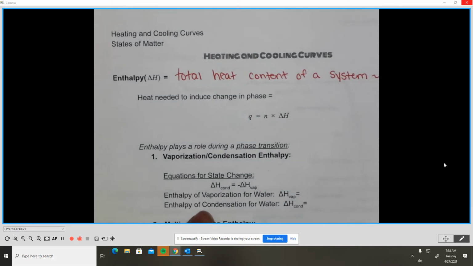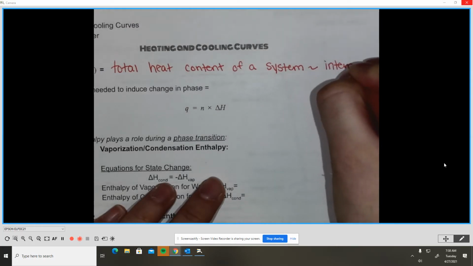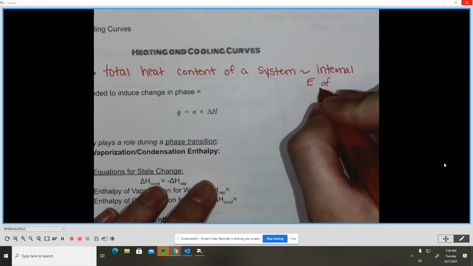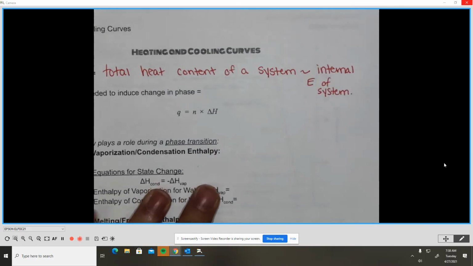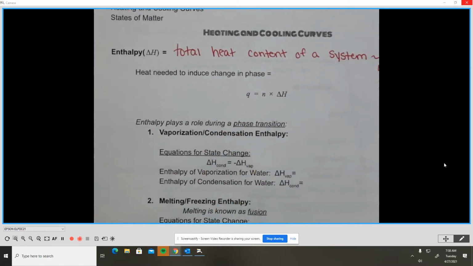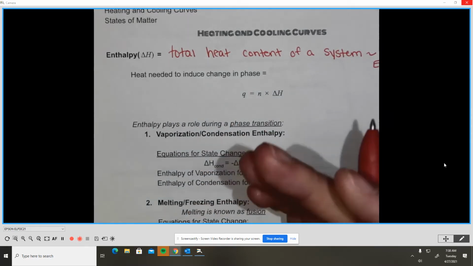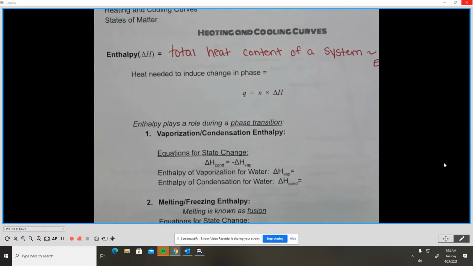Basically, a good way I like to think of it is it's the internal energy of the system. Another way to think of it is heat needed to induce change in phase. So it's how much heat is needed to kickstart a phase change or a phase transition.